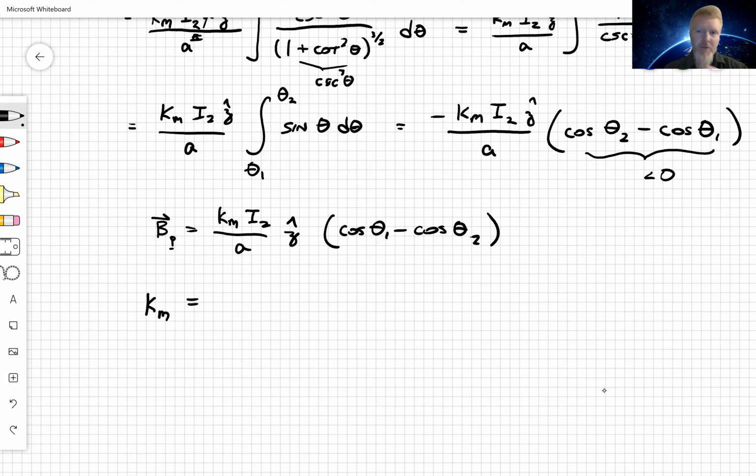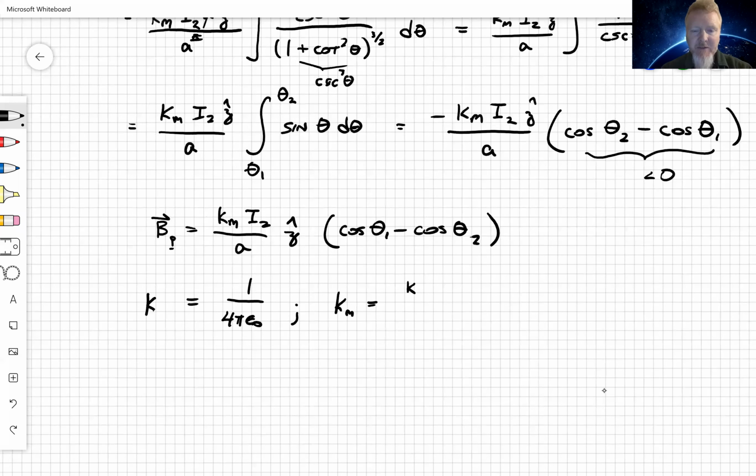From Coulomb's rule, the K constant was 1 over 4 pi epsilon naught, right? Well, something interesting happens here with magnetism. So the magnetic constant Km is really just that.